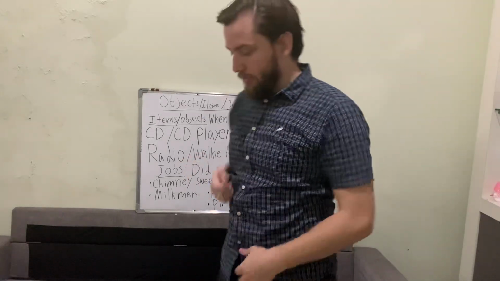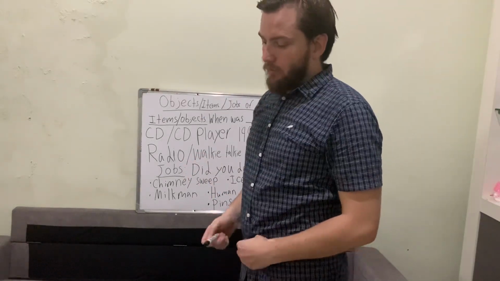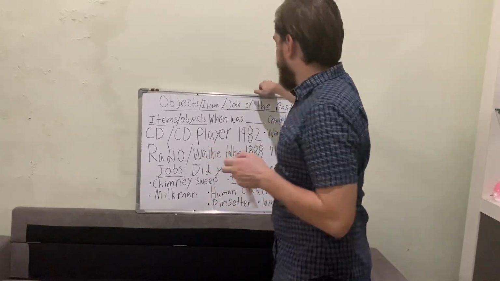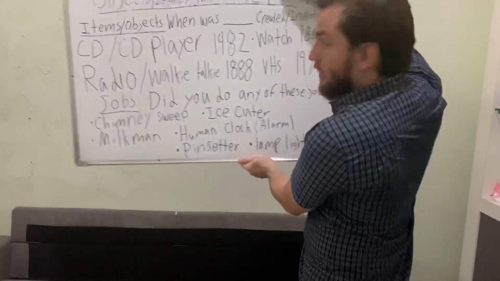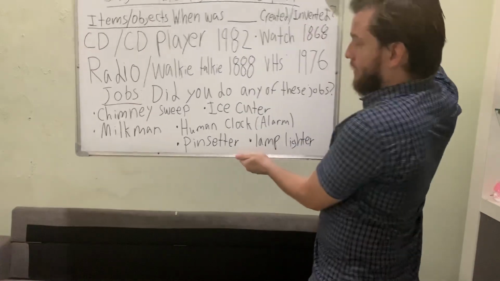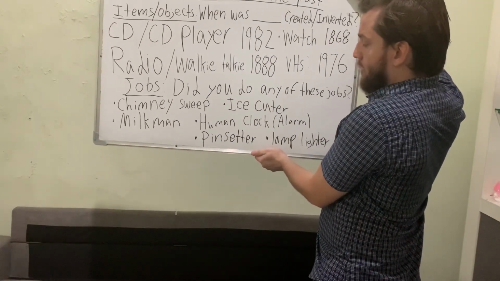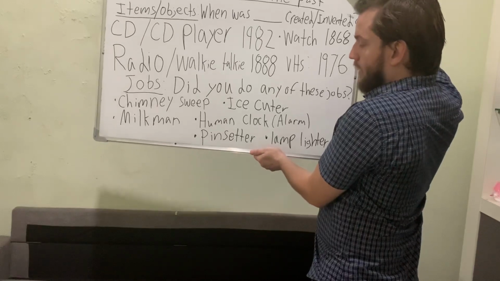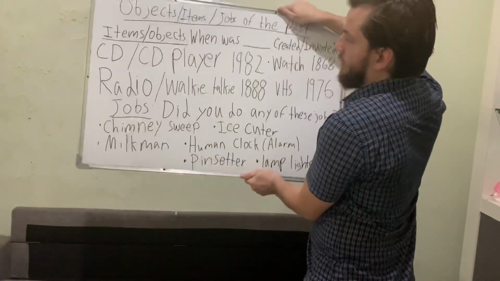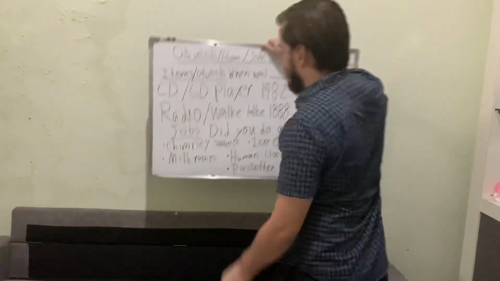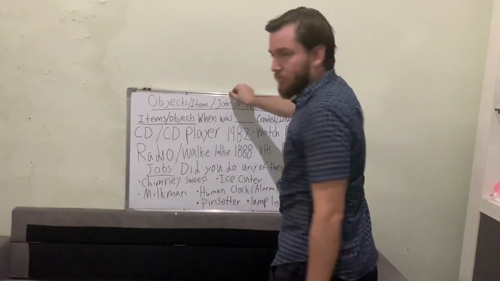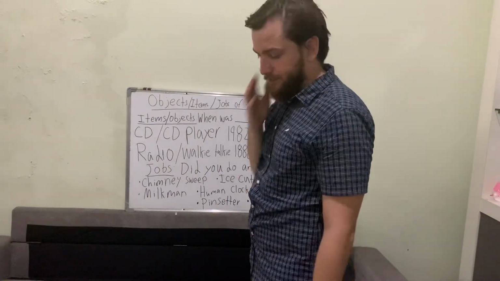Yeah, so that would be how it is with some of these jobs. So as you can see, chimney sweep, ice cutter, milkman, human clock alarm, pin setter, lamplighter. These are some of the jobs that you would do. These have gone extinct because no one needs them anymore.